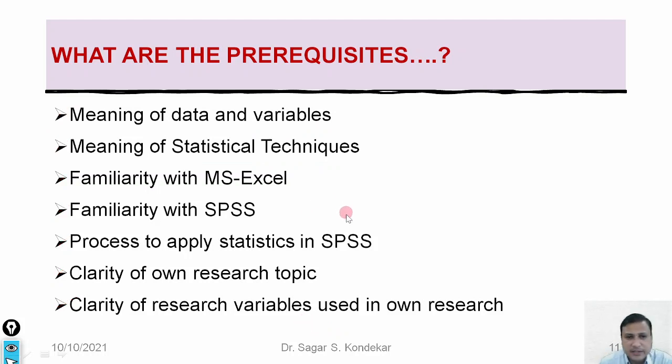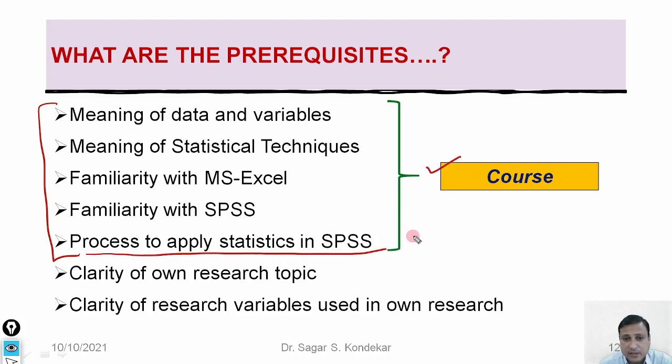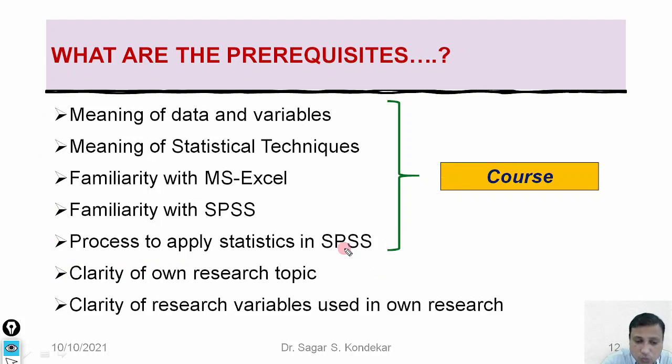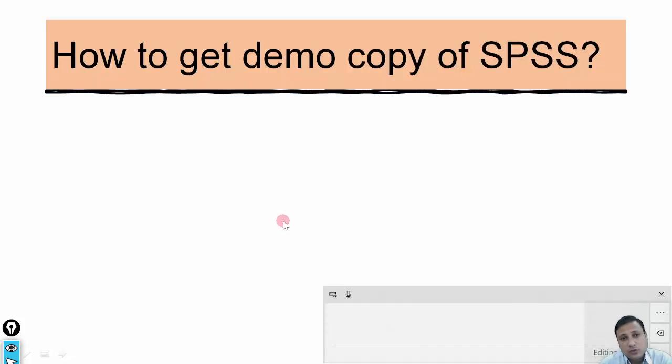So these are the prerequisites, out of which many are going to be covered here in this course. For the remaining two prerequisites, they are associated with you and depend on your own understanding. Fine. Now let me take you all to the slide.